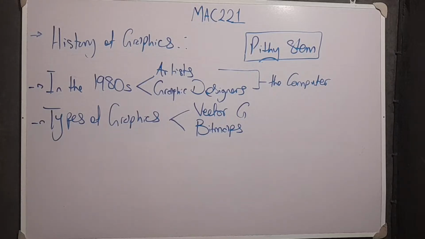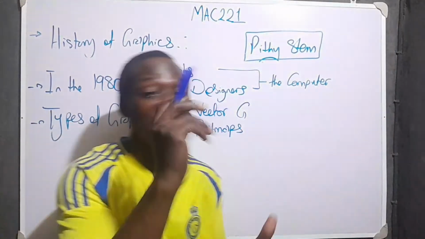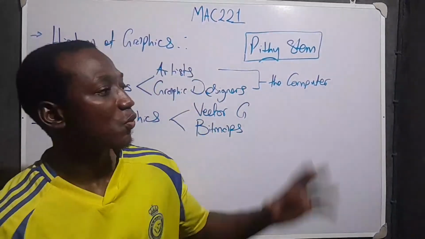When we say external party, some animators or artists use something that looks like a very big tab with a pen.